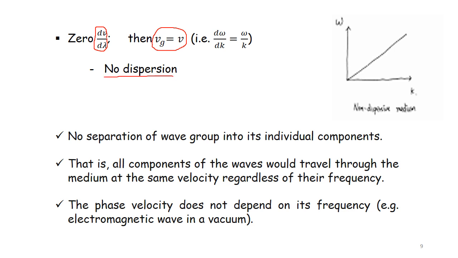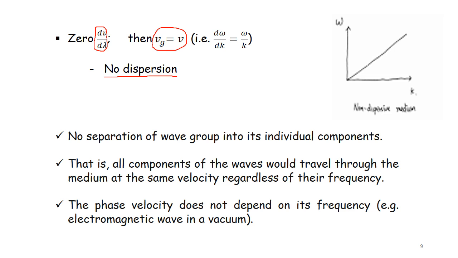There's no dispersion at all. That is, there is no separation of the wave group into its individual components. It also means that all components of the waves will travel through the medium at the same velocity, regardless of their frequency. Then the phase velocity does not depend on frequency.